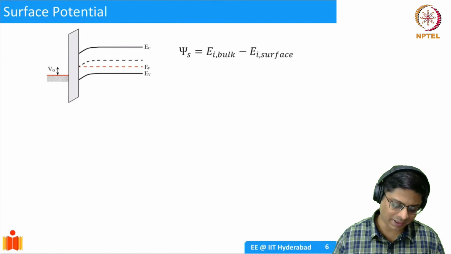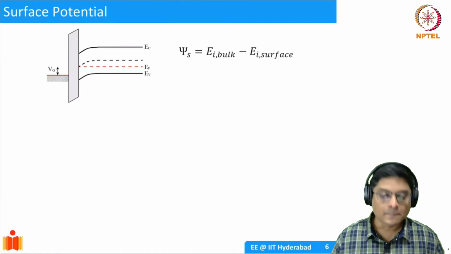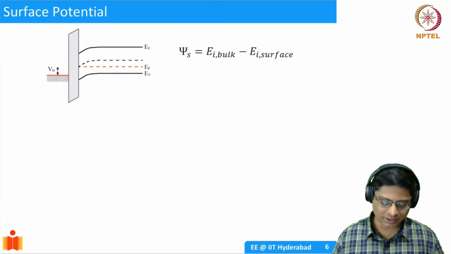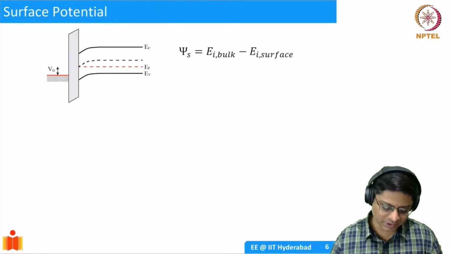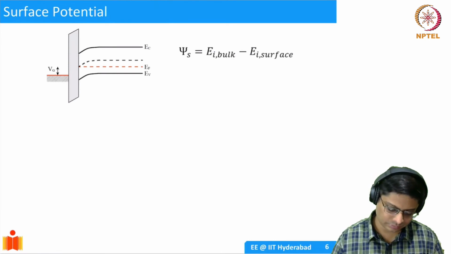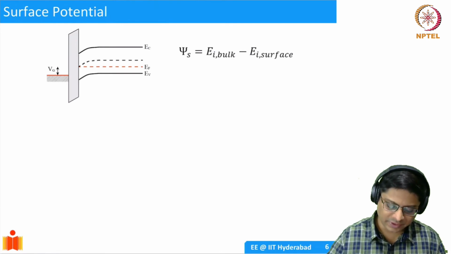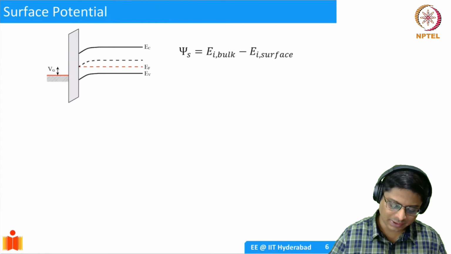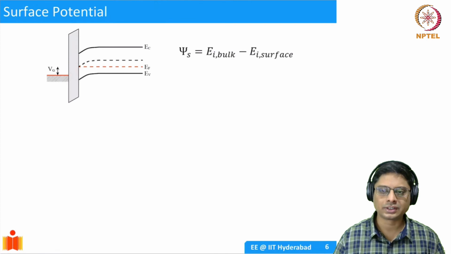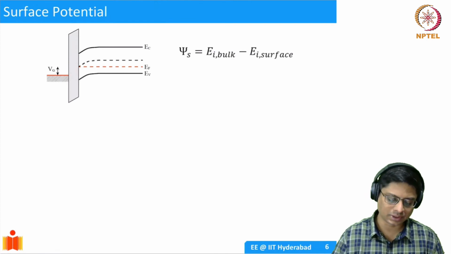Let's say the same band diagram of a p-type semiconductor in depletion, and what you see is the definition here. Surface potential is defined simply as the Ei in the bulk minus the Ei at the surface. This is the definition of how to calculate it, and I'll explain. It's a logical thing.